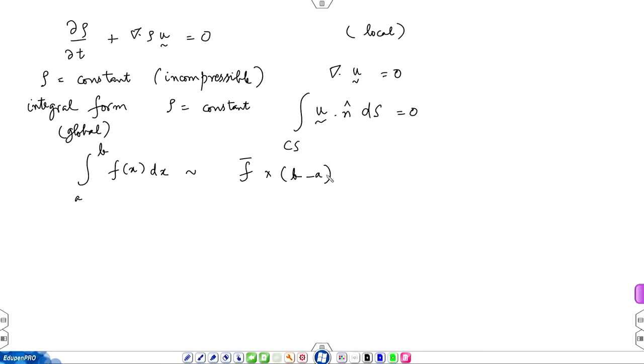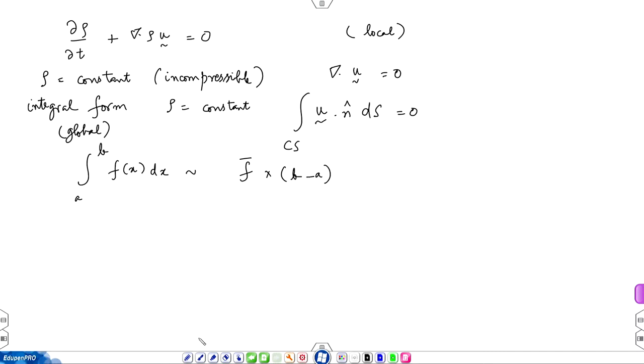Okay. So, you can work with this average value. When you solve this problem, you substitute f bar into b minus a in your governing equation, then the answer you get will be f bar, not the function f x. So, you have approximated. Okay.